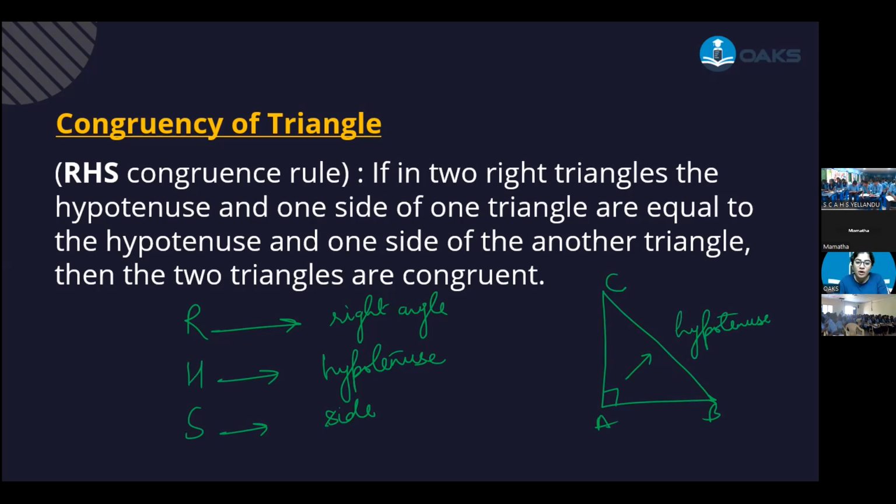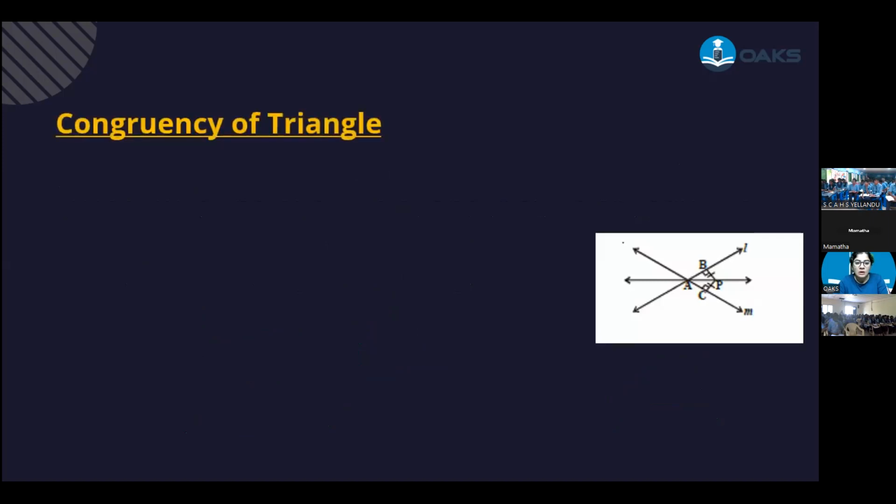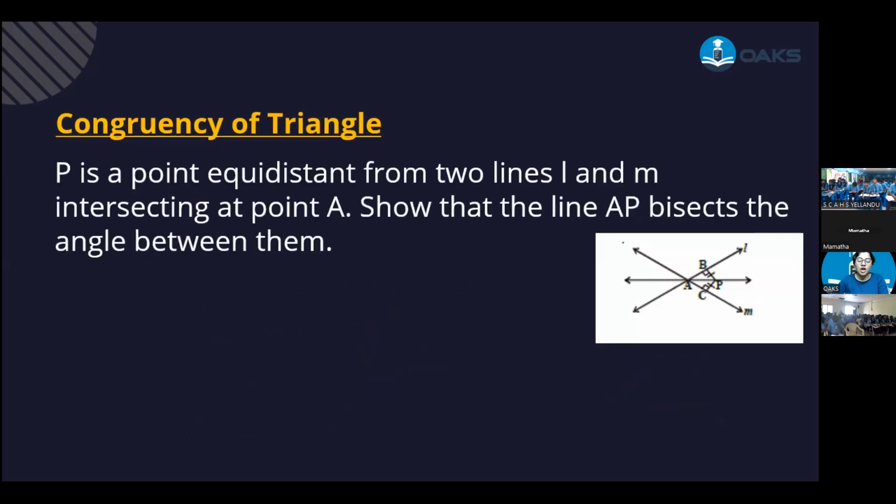So let's jump on to the question. Now we have this question. Question says P is a point equidistant from two lines L and M. This is L, this is M. Now P is the point that is equidistant, which means this distance, this distance. How do we measure the distance? This is a line, this is a point.